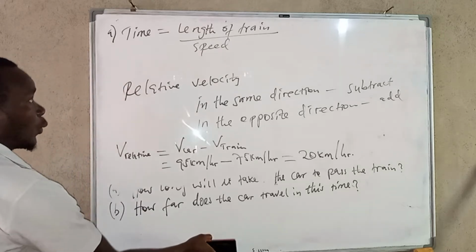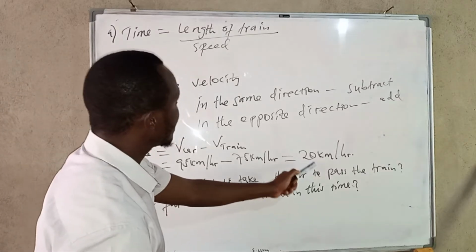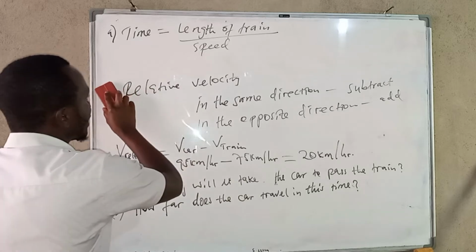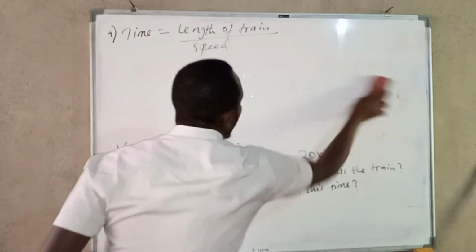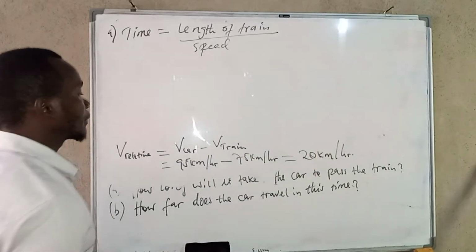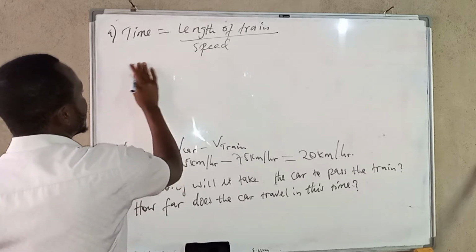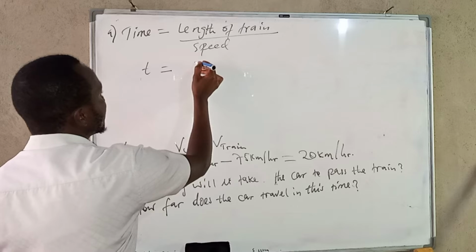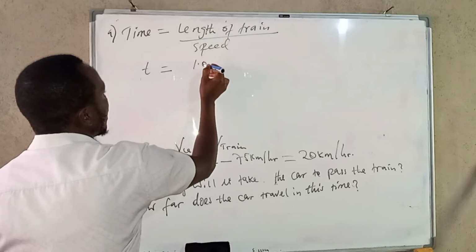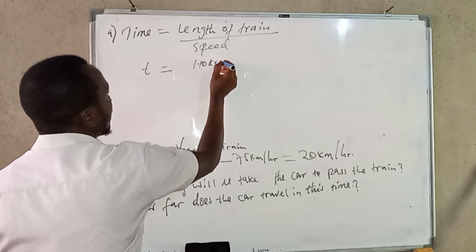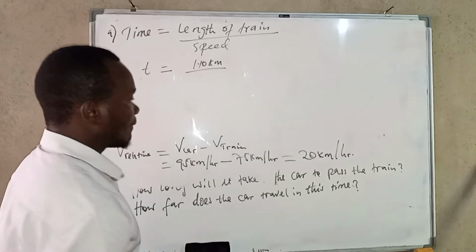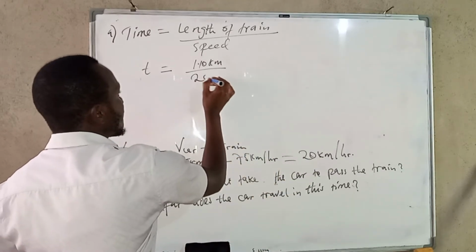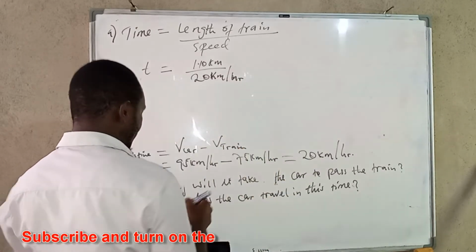So for how long? We can now plug this into the equation above. So we have time, T, is equal to length of train, 1.10 kilometers, over velocity, 20 kilometers per hour.